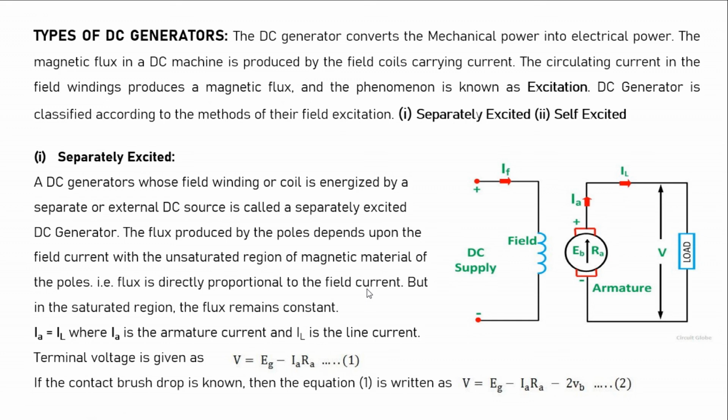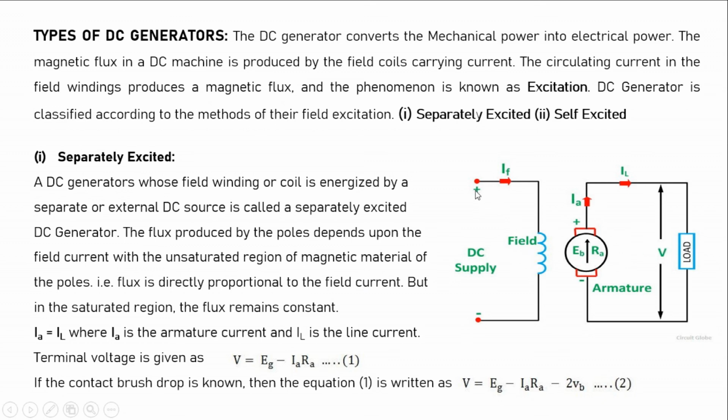Once the flux has been produced, it will increase as the current increases, but at one stage it reaches its saturation. After that, flux remains constant. So this is called a separately excited DC generator.